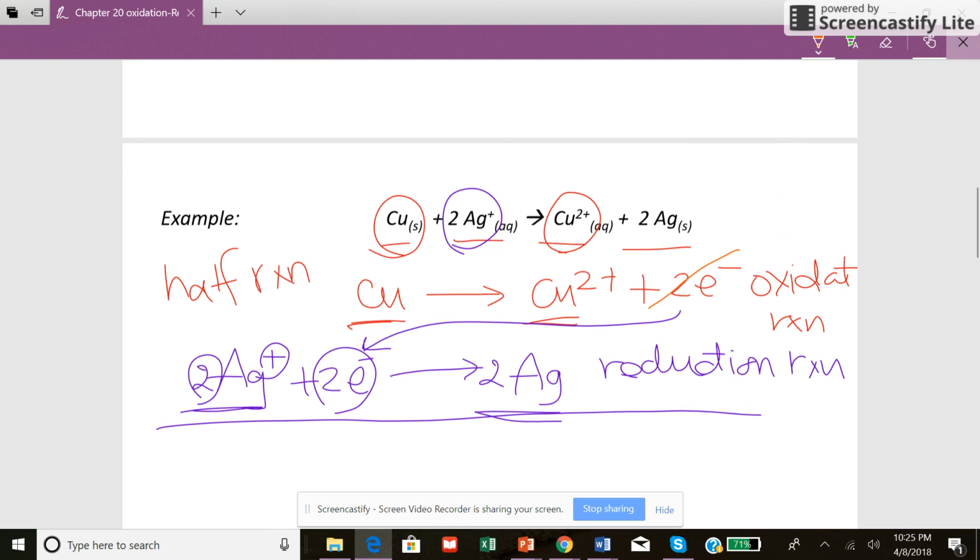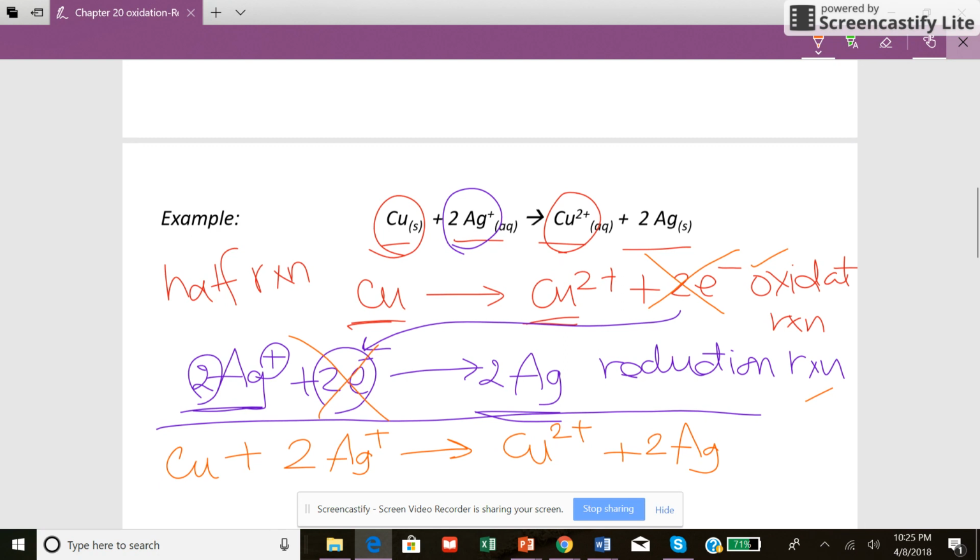We can cancel out the electrons, because when you add it up, they cancel each other out. So when you add the oxidation reaction and the reduction reaction together, we will have copper, and I'm not including the phase right now, and then 2 silver cations produce copper 2 ion and 2 silver metal. So the reaction is balanced.